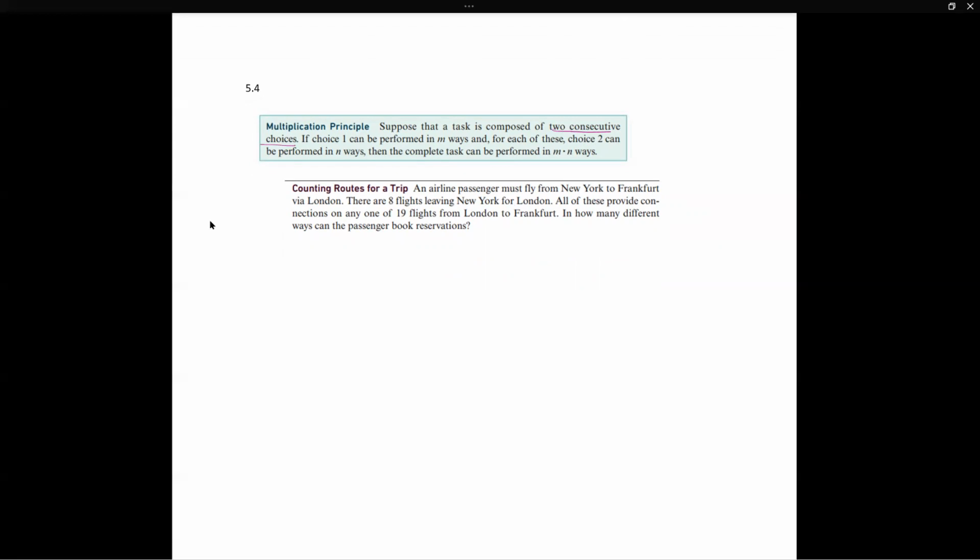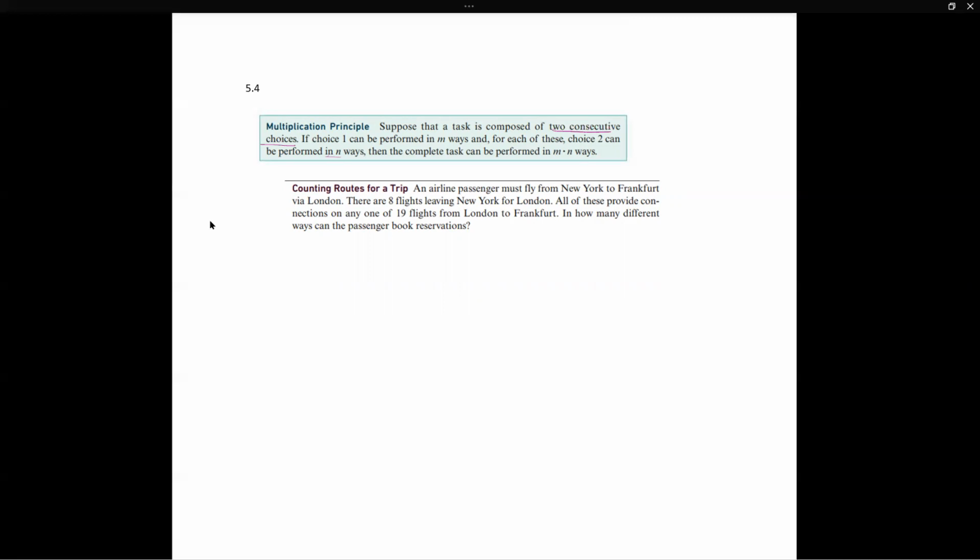If choice 1 can be performed in m ways, and of course the example will make it simple to understand, and for each of these, choice 2 can be done in n ways, then the complete task can be performed in a multiplication of these 2 ways, right?